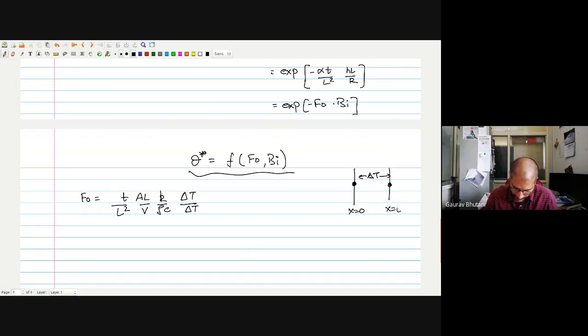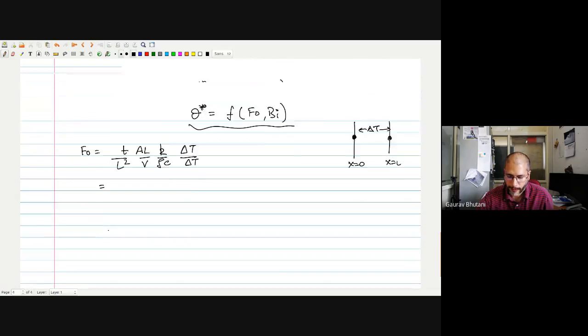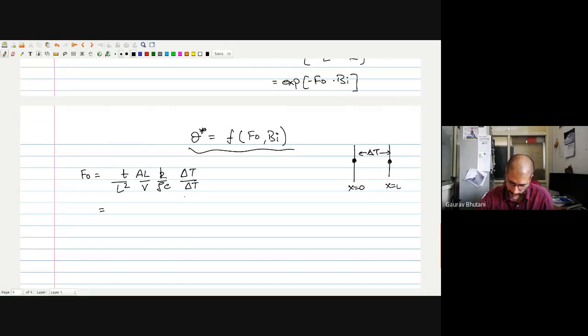And now let's combine a few terms. The first thing we can combine is the delta T on the top, and then I can have a k A, so A and k, and then I can take one of the L's here, and the rest is in the denominator.